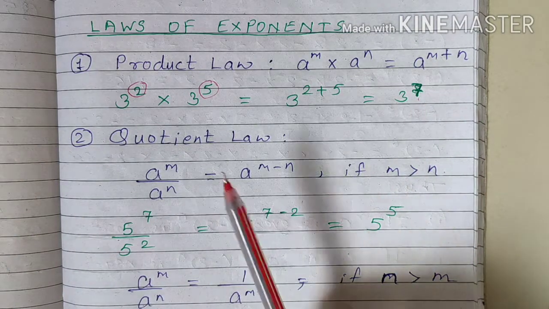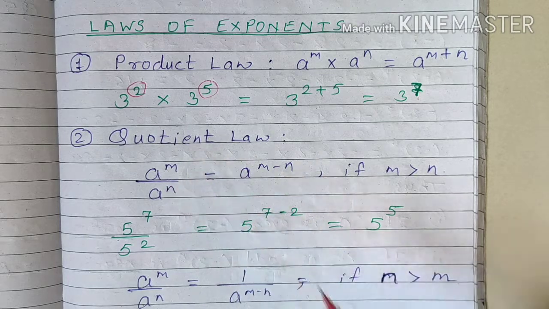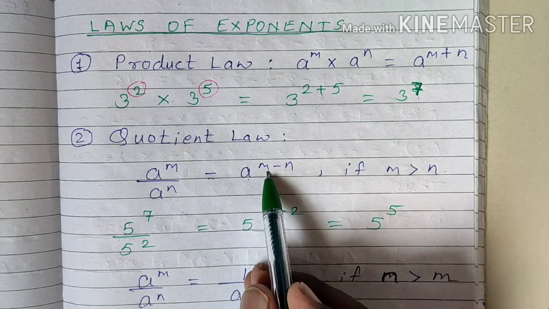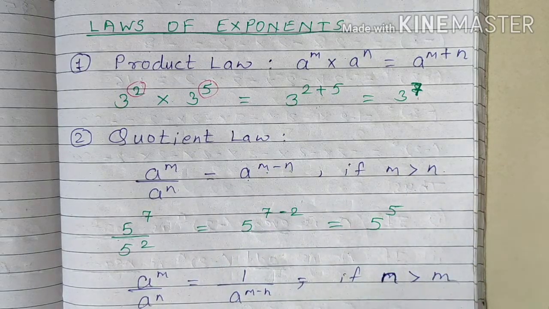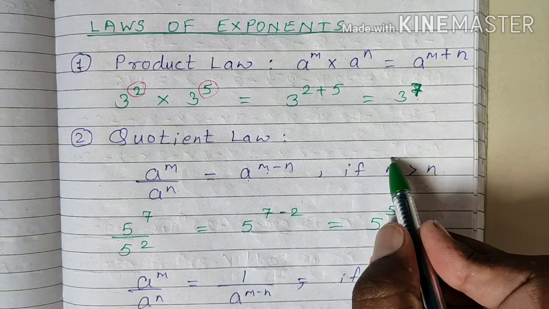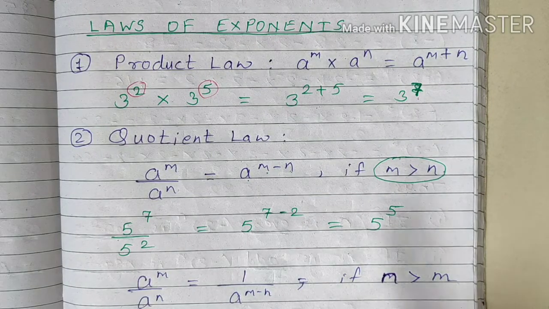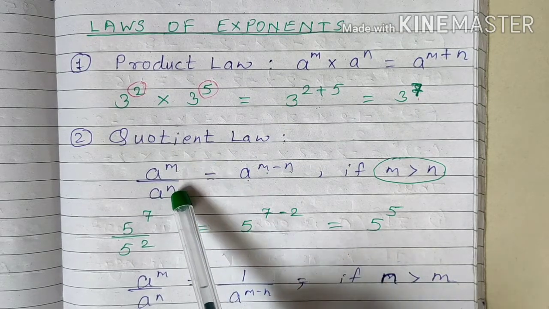Next is the quotient law. It is used for division. If a raised to m is divided by a raised to n, in that case we can write a raised to m minus n, meaning subtraction of their powers. This law is applicable only if the value of m is greater than the value of n, the numerator's power m greater than n.